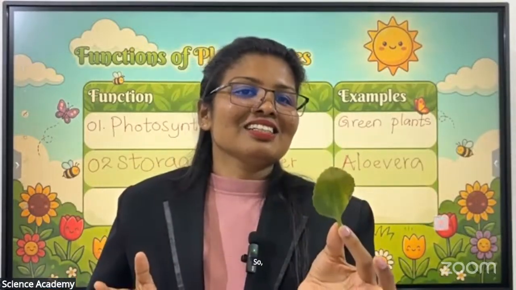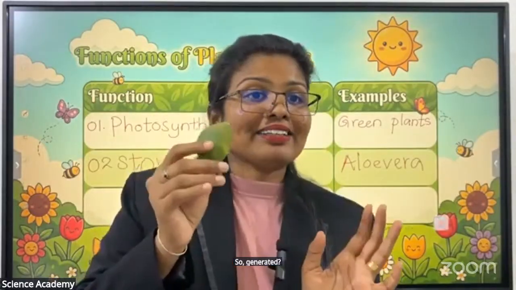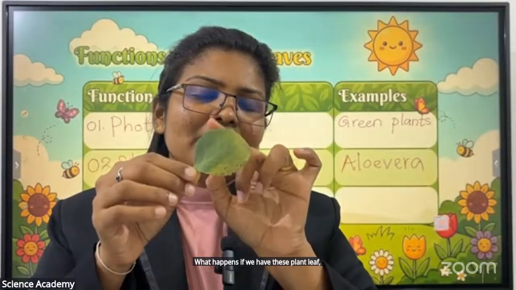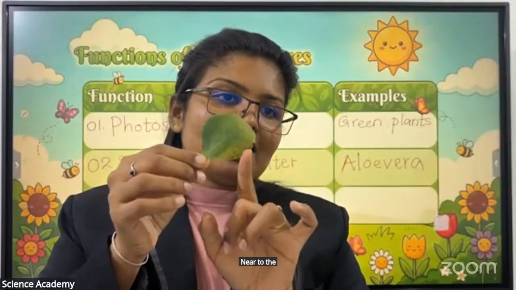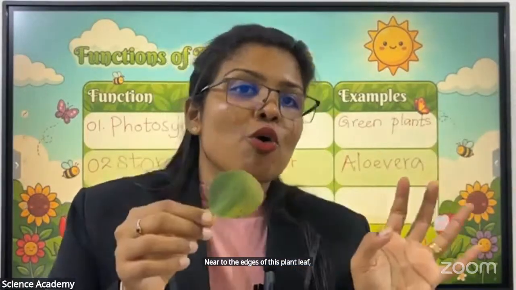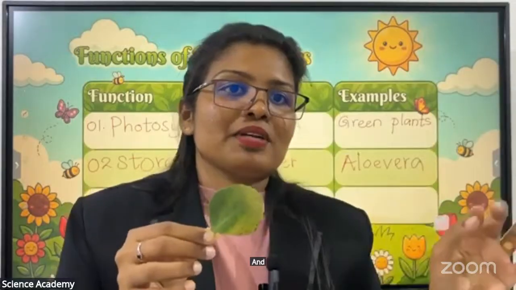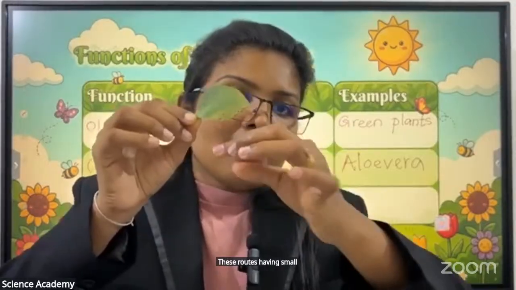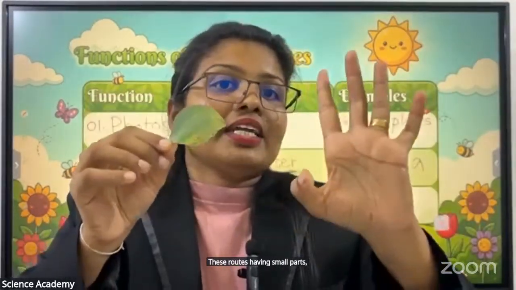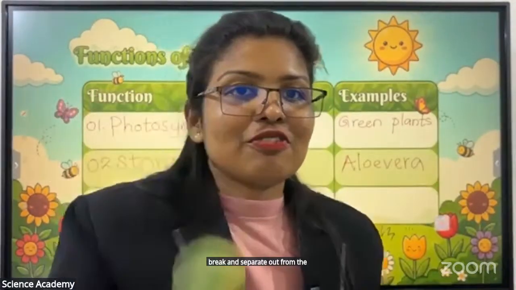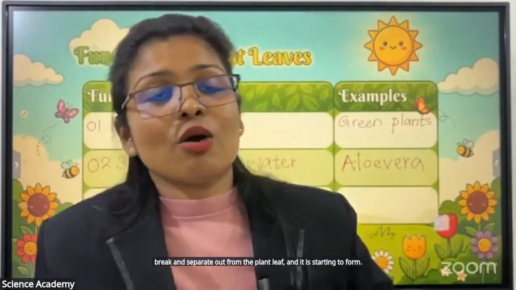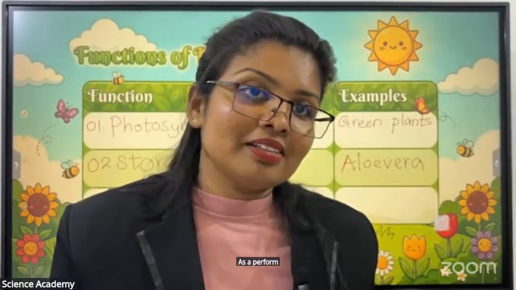So children, what happens is that near the edges of this plant leaf, roots start to form, and then after some time these roots with small parts break and separate from the plant leaf, and start to form as a new plant, right?